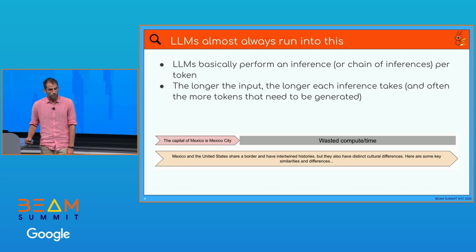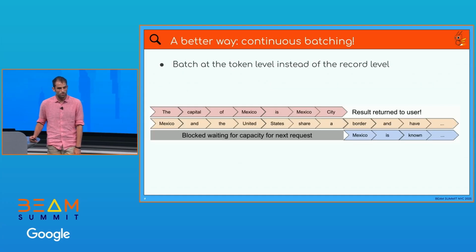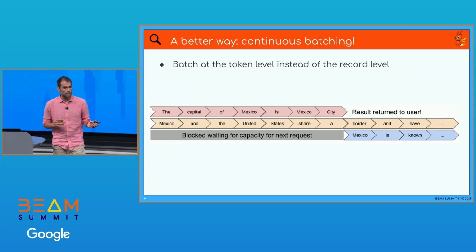The way vLLM works around this is that instead of batching at the entire input level, it batches at the token level. Instead of batching the whole response together, it takes each individual token that it's predicting and treats that as its own inference.